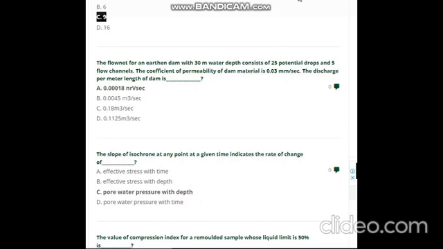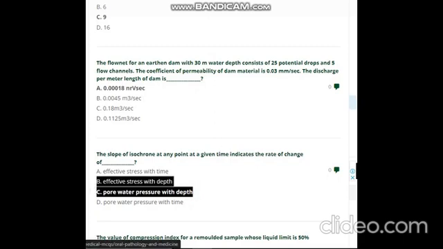The coefficient of permeability of dam material is 0.03 mm per second. The discharge per meter length of dam is 0.00018 m cube per second. A answer. The slope of isochrone at any point at a given time indicates the rate of change of pore water pressure with depth.